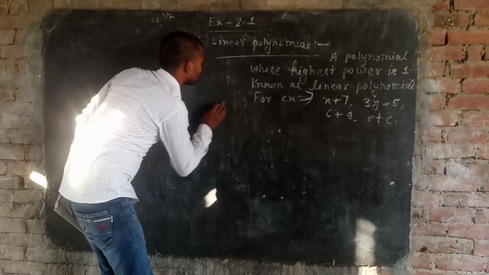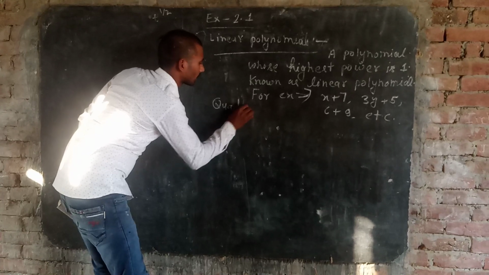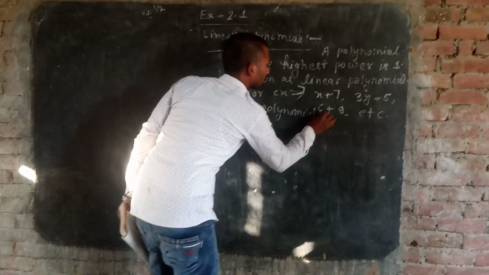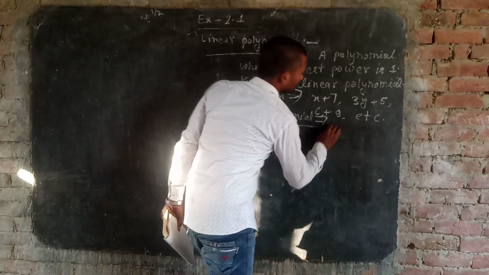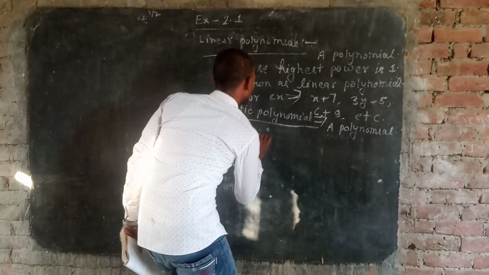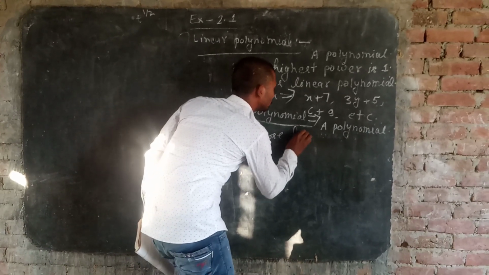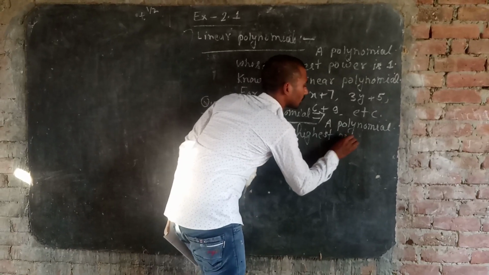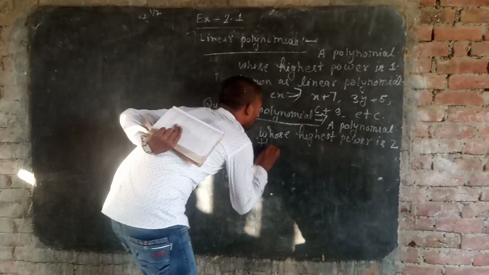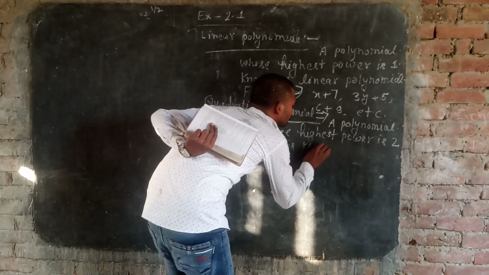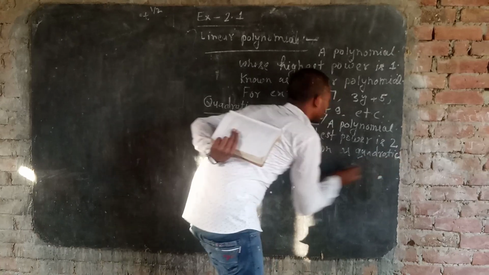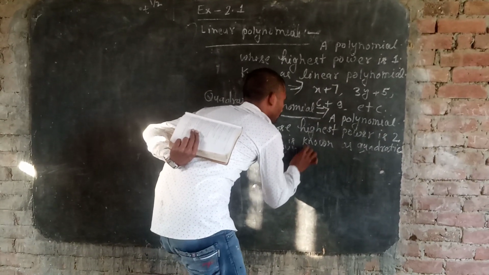Quadratic polynomial: a polynomial whose highest power is 2 is known as a quadratic polynomial.